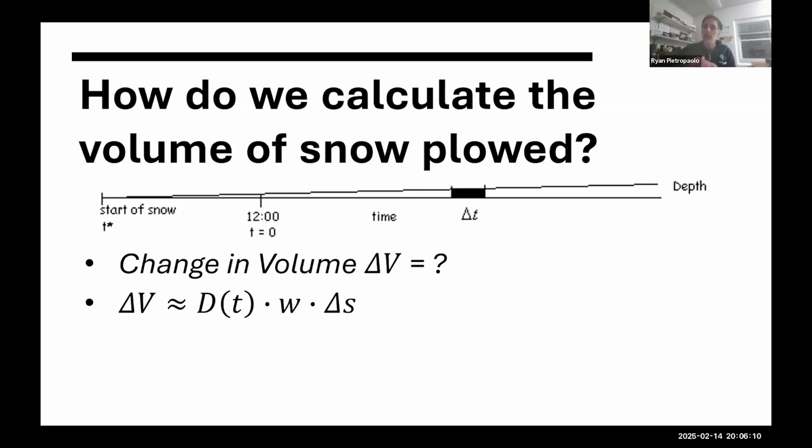You have the depth of it, which is relatively constant. It is changing, but over a small time interval, that depth is relatively the same height. We'll eventually shrink down that delta T, but I'm getting ahead of myself. But approximately the volume that's being moved out during that small interval is the depth times the width times the length, which is our change in distance.